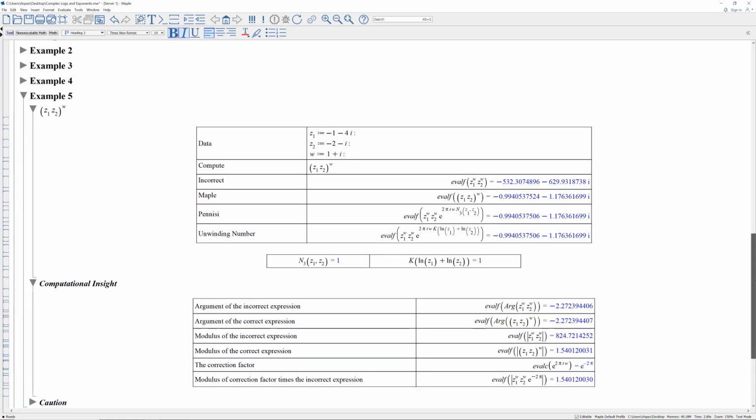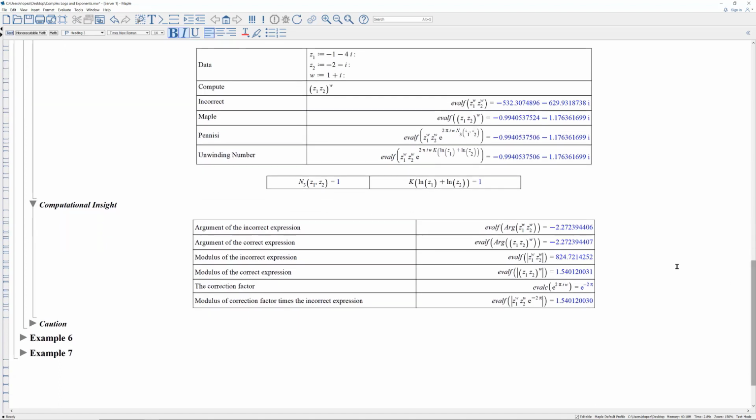So when we're looking for additional insight, we've got to do some numbers rather than draw some pictures. So let's look at the argument of the incorrect, naive way of going about this: distribute W to the 2 factors. There's the argument. Look at the argument of the correct way of doing this. You multiply first, then you raise it to the power.